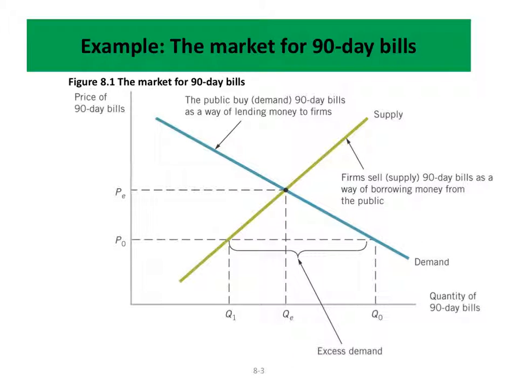Then the demand curve is downward sloping because of our previous explanation, and the supply curve is upward sloping. At the equilibrium is the quantity of bonds that is demanded and supplied, and that equilibrium price also will have a corresponding interest rate.